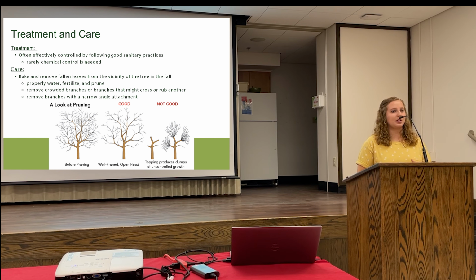So it's really important to rake and remove your fallen leaves from directly around the vicinity of the tree. For the purpose of pollinators, it's not necessarily the best thing to remove all of the leaves from your lawn, but just within the vicinity of the tree, probably like 10 feet around, at least under the crown, is what's recommended.